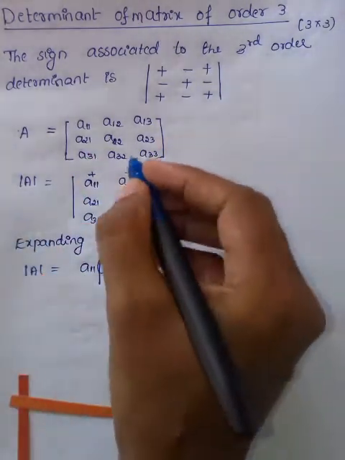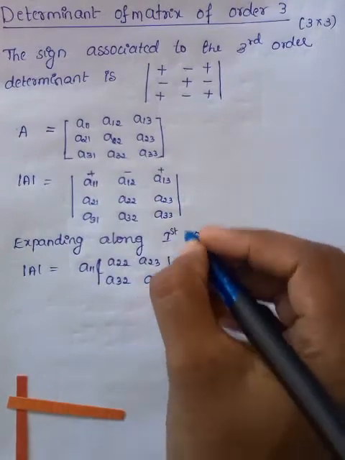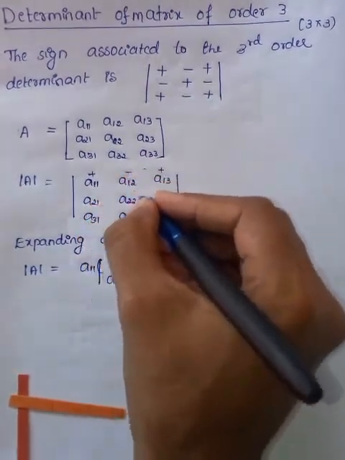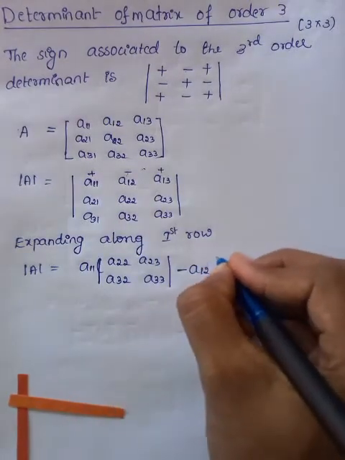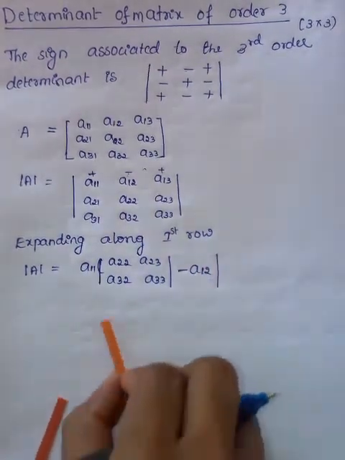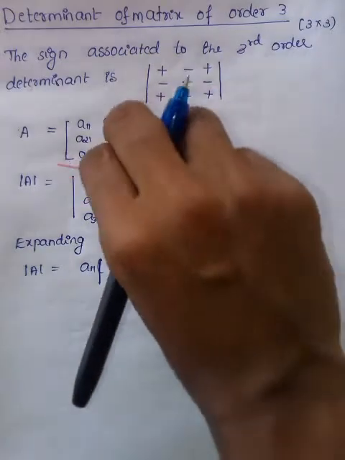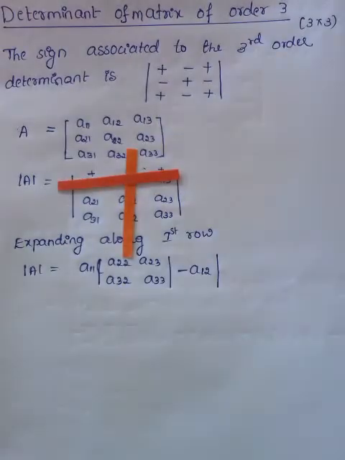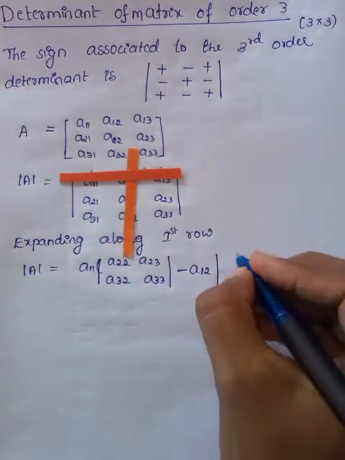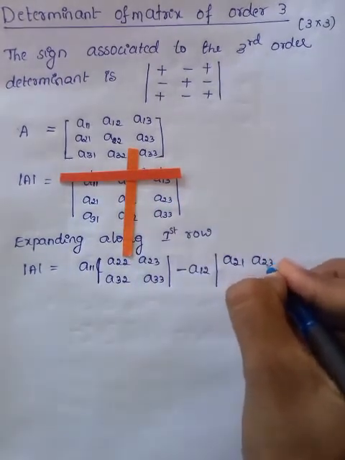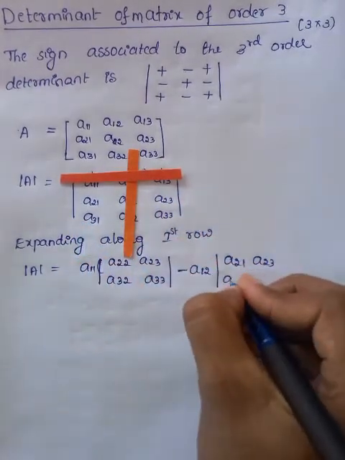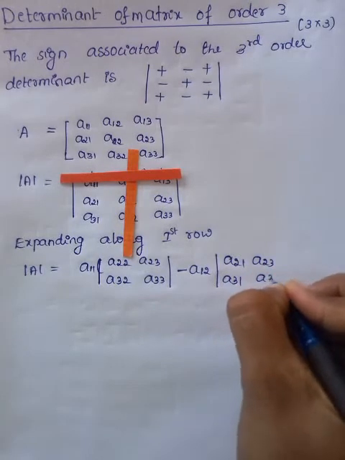Next, the sign here is minus, so minus the element A12 into the determinant of, delete this row and column, then it is a second order determinant, that is A21, A23, A31, A33.